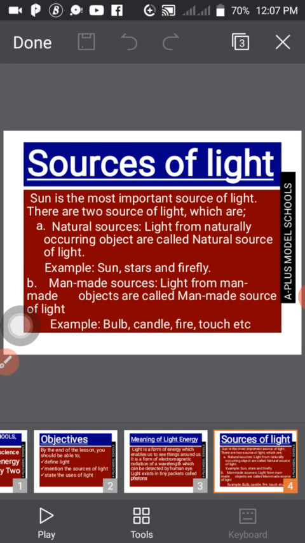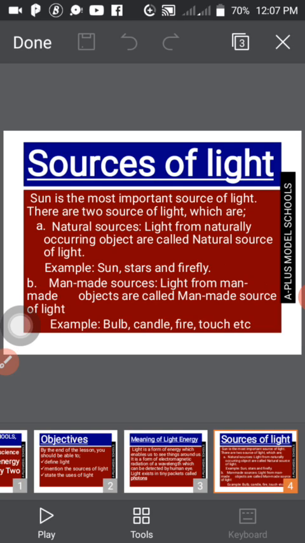I said every day you see light from different sources. Like when you get up, you see light from different sources. And we have two sources of light, which are natural source and man-made source. Light from naturally occurring objects are called natural source of light.